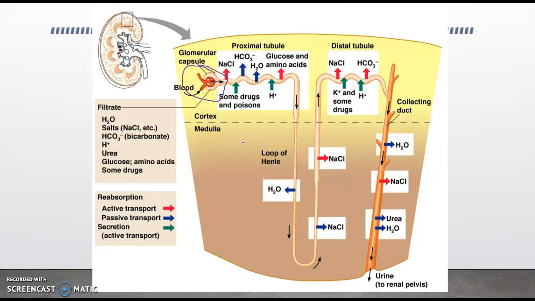It also is color-coded for you. So if you look here, this is what we're reabsorbing back into the blood. Okay, glucose and amino acids. We want to reabsorb maybe salt. Water needs to be reabsorbed. So we really want to make sure that we are reabsorbing things that we want to keep in the blood.